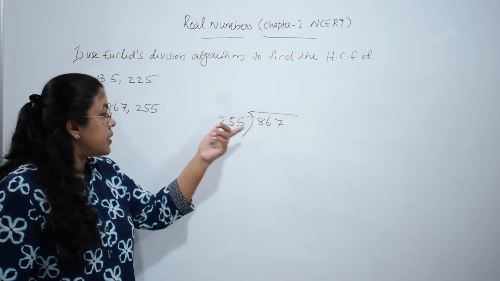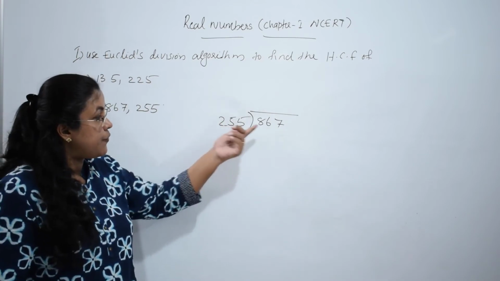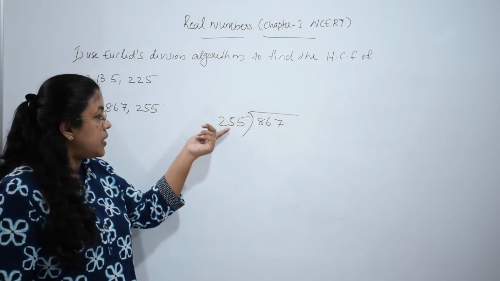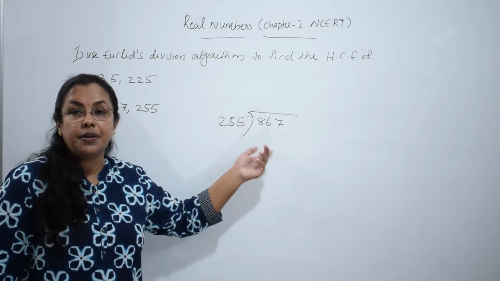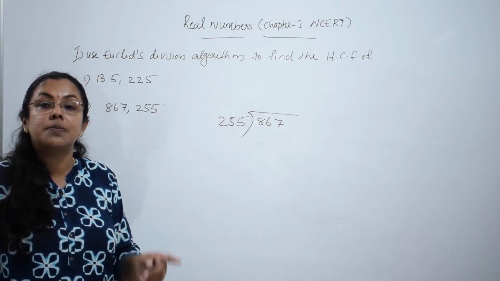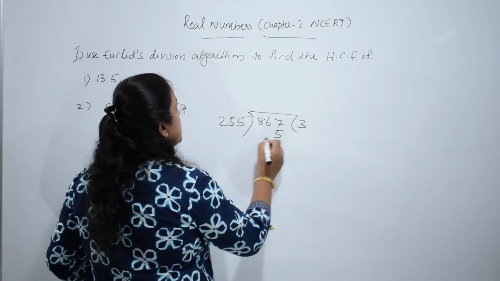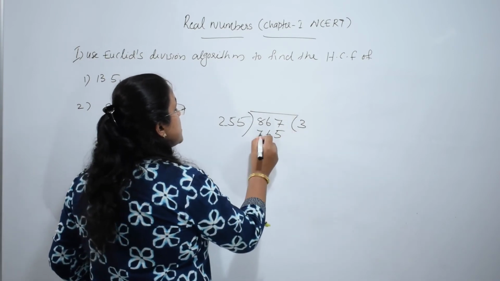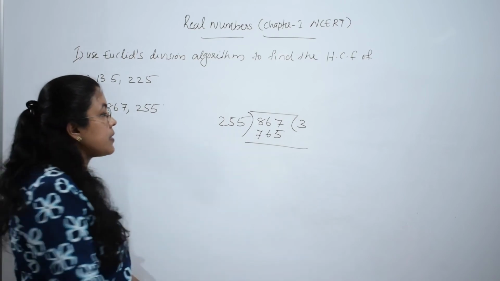Look at 25 and 86. 25 2s are 50, 25 3s are 75, 25 4s are 100. So how many times can it come? 3 times. 5 3s are 15, 3 2s are 6. So 765. Subtract the 2.